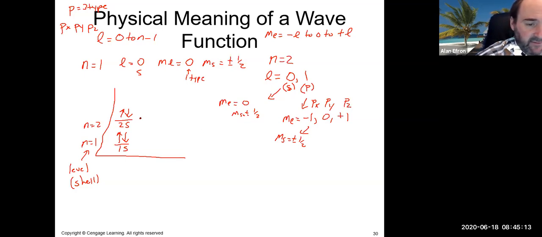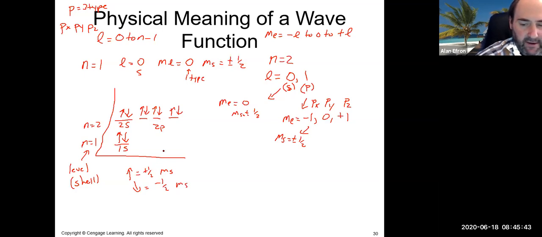If we filled it in, we would have 3 lines to represent the 2p subshell. In each of those orbitals, we could have an electron up and an electron down: the one in the up direction would be plus 1/2 for m sub s, and the arrow going down would be represented by minus 1/2 for m sub s.